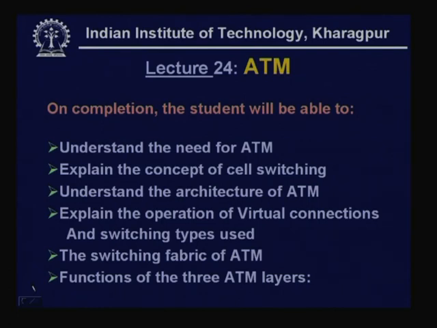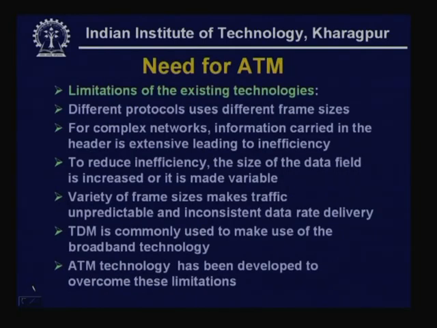They will be able to explain the operation of virtual connections and switching types used in ATM, and the function of the switching fabric of ATM. And again, as I mentioned, they will be able to explain the functions of the three ATM layers, the physical, ATM and AAL. So, let us start with the need for ATM.